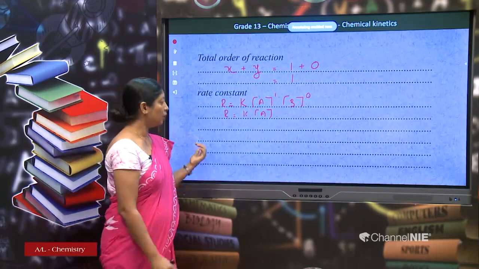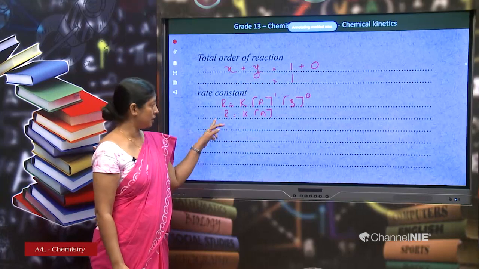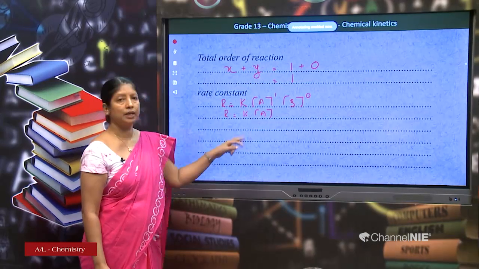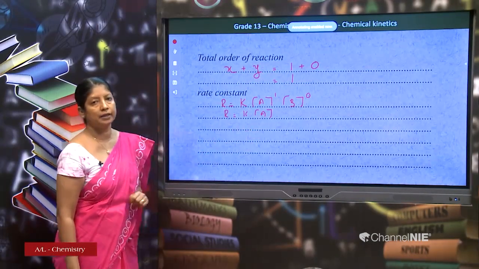So, then all we need to do is substitute the given reaction rate in the first experiment and given concentration of A in the first experiment.